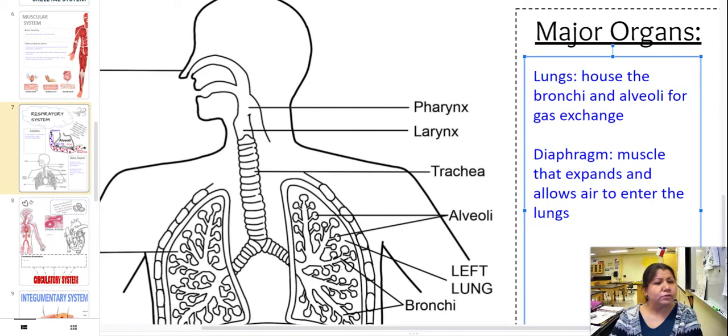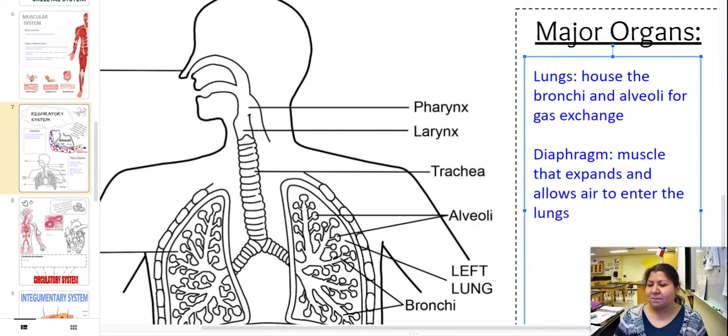Those are the two major things that I really, really want y'all to know. Our lungs house the bronchi and the alveoli, and then our diaphragm is that muscle underneath the lungs, underneath the rib cage, that expands and air comes in.